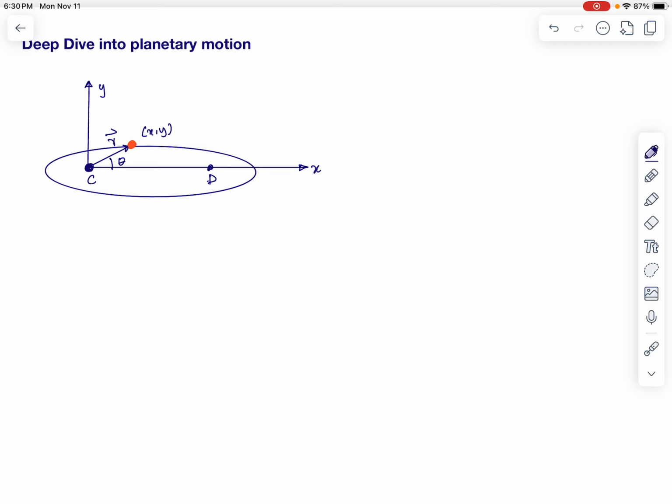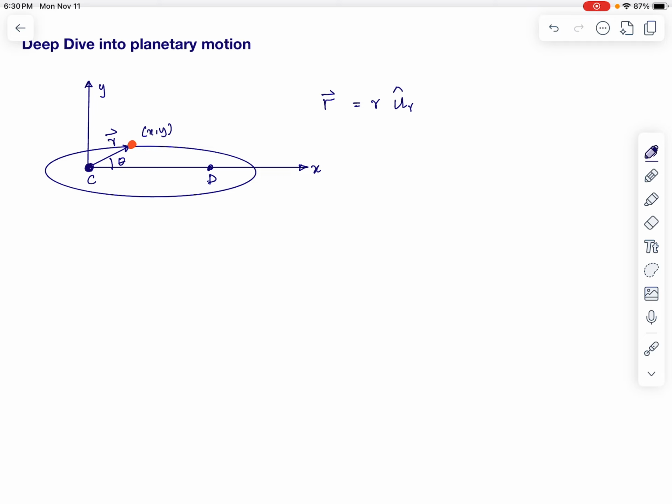Here, r is the vector connecting the center with the location of the planet, and it equals r times a unit vector ur that is in the direction of r.